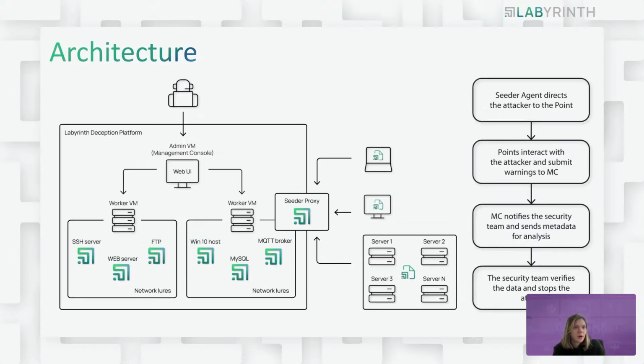So talking more about infrastructure, as it was mentioned earlier, we have two types of VMs: admin VM and worker VM. Admin VM, or management console, is the main module that provides you with a web interface. It collects and stores information about security incidents.